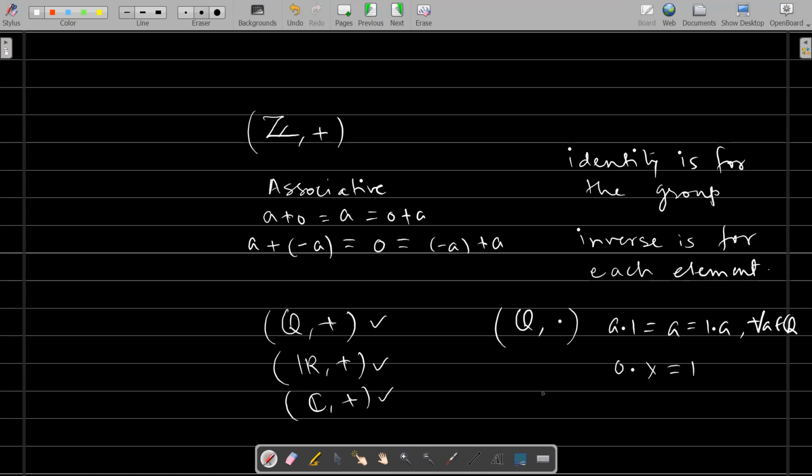And therefore 0 has no inverse. But except 0, every element has a multiplicative inverse. For each A by B that is not 0, which means A is non-zero, B by A works as the inverse. A by B into B by A will give me 1.